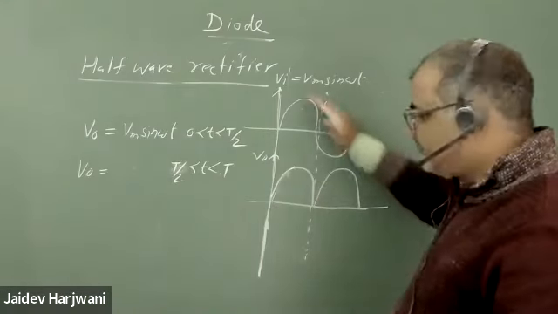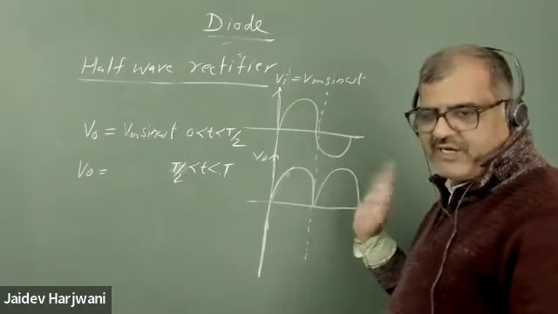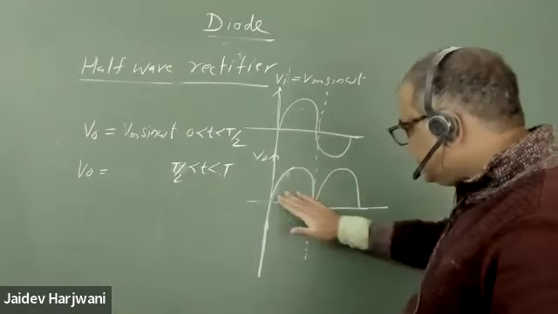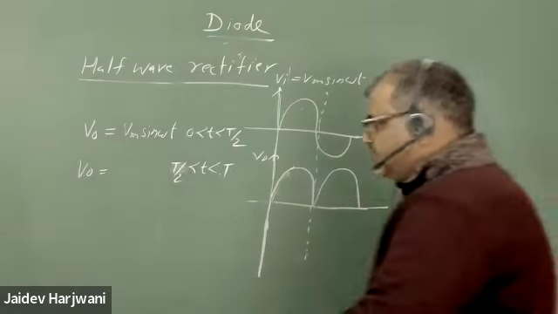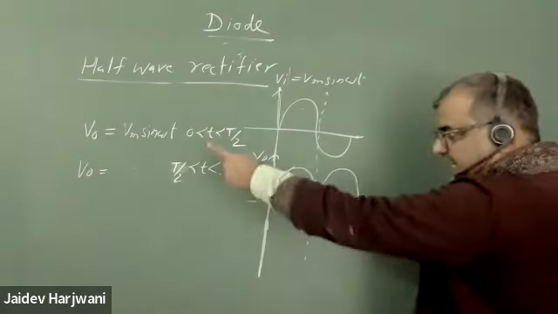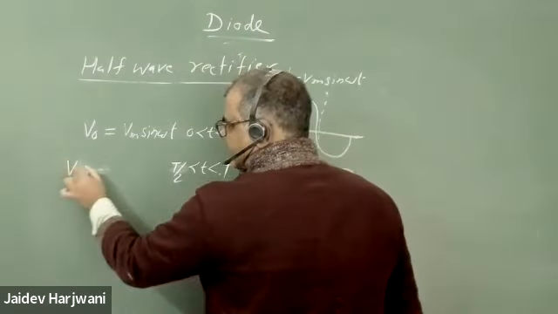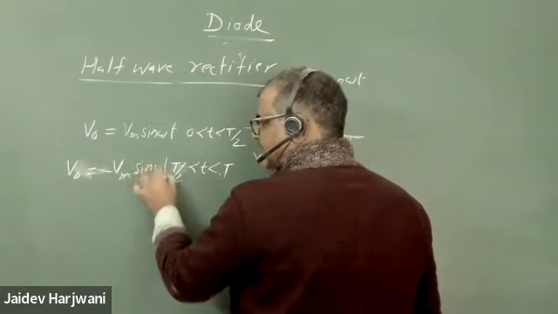I can represent my output by a sine function, but my output is not a sine function now. This part is like sine, but this is not like sine. So if I want to represent my function by this sine, then I have to put minus here. So now V naught will be minus Vm sin omega t.